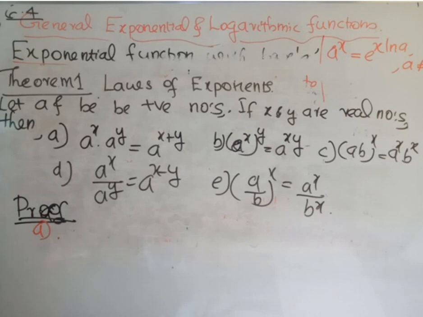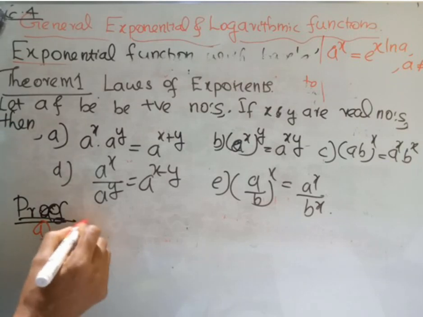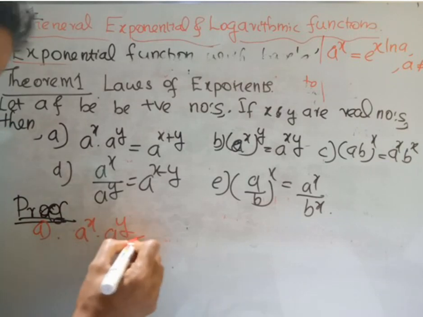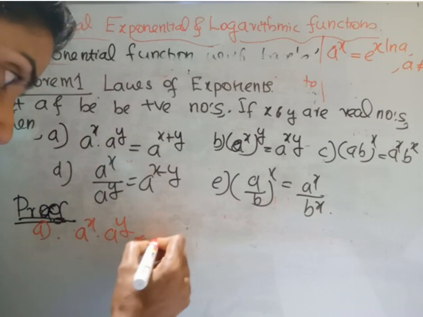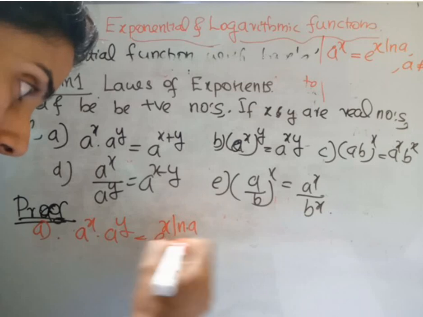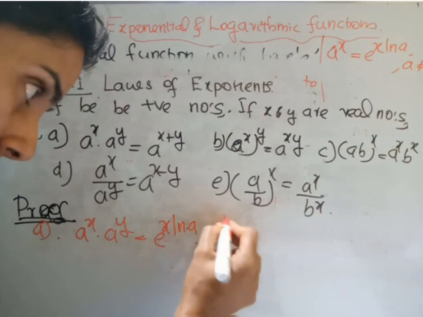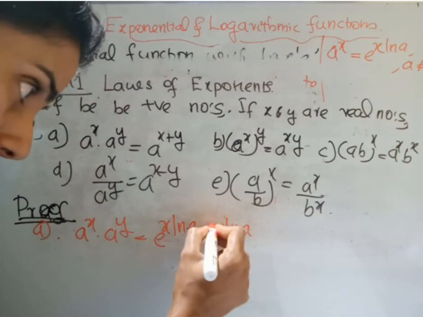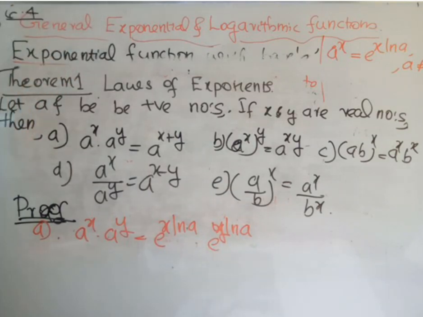A raised to x times a raised to y. In place of a raised to x, we can write this as e raised to x log a, natural log a, times e raised to y log a.